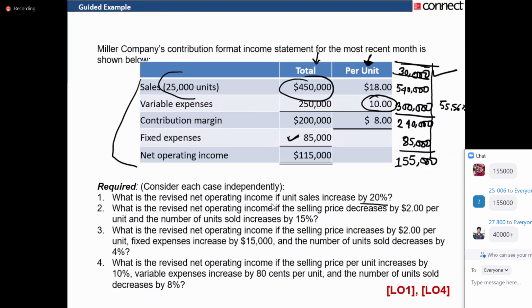Okay, now requirement 2. Let me write the number we have got here: it is 155,000. Number 2: what is the revised net operating income if the selling price decreases by $2 per unit and the number of units sold increases by 15%?